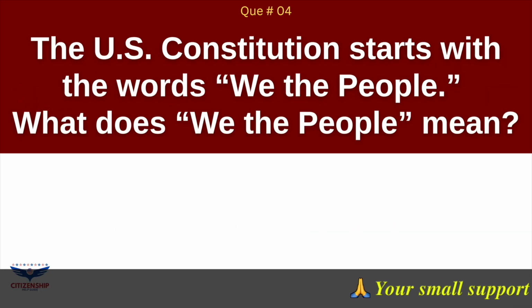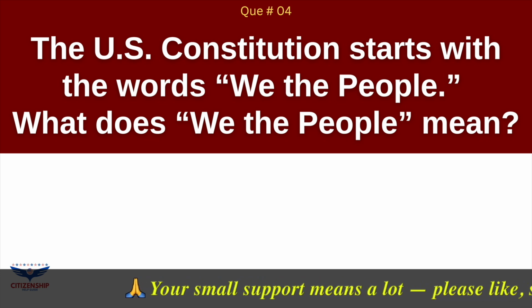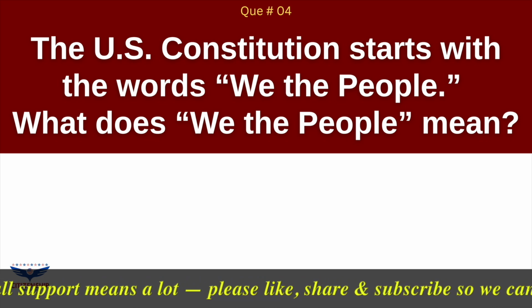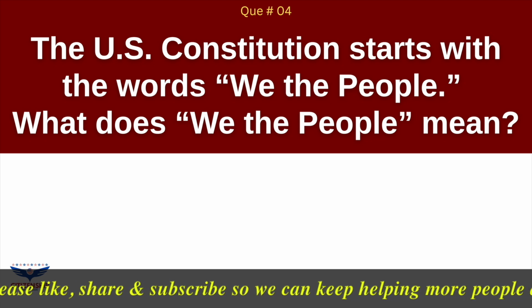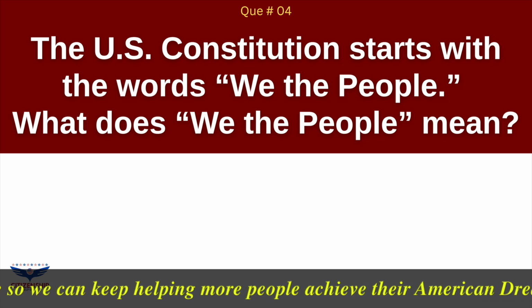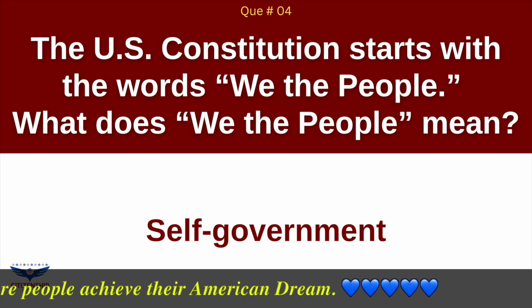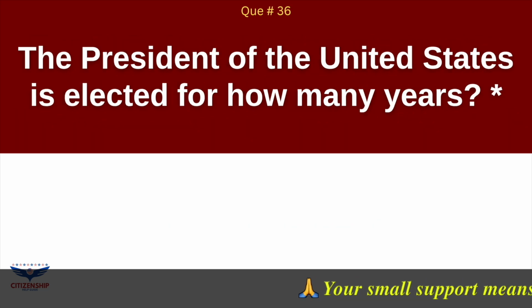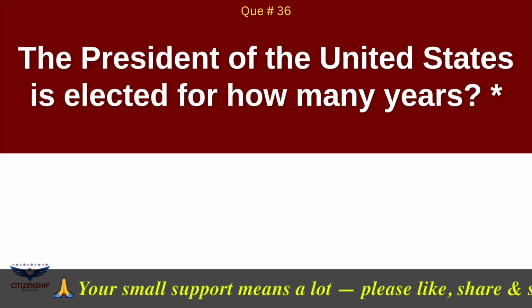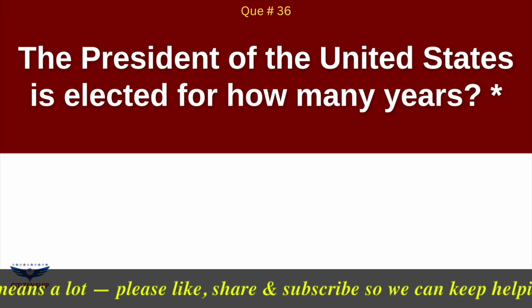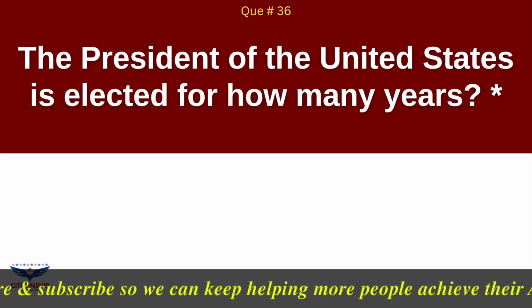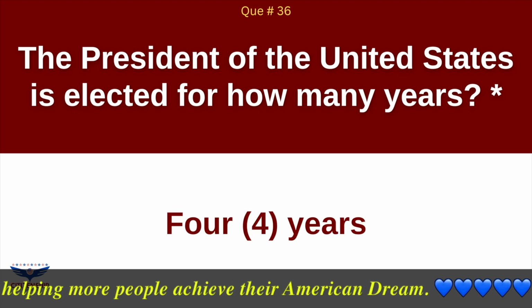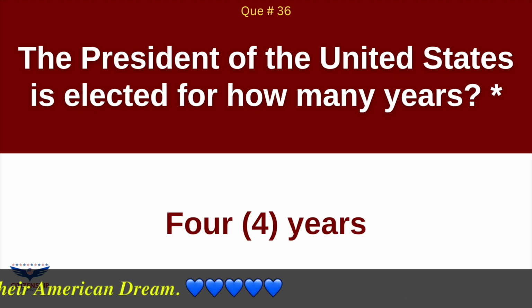The U.S. Constitution starts with the words, "We the people." What does "we the people" mean? Self-government. The President of the United States is elected for how many years? Four years.